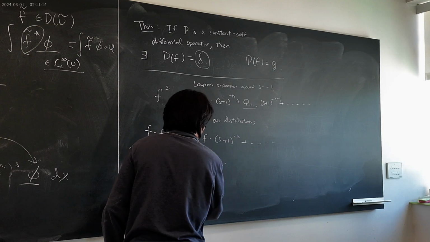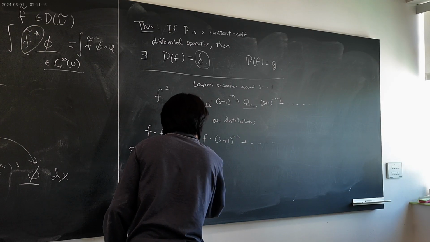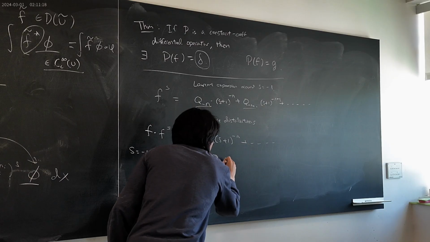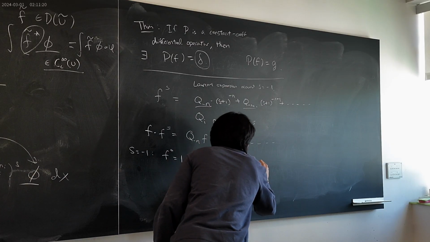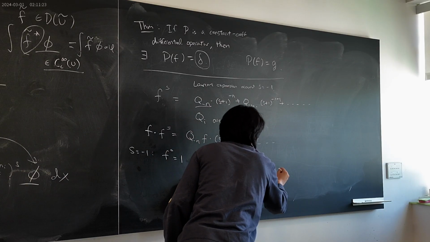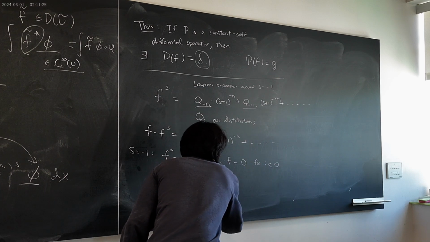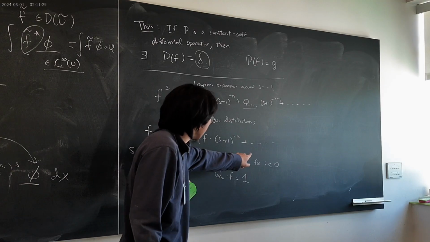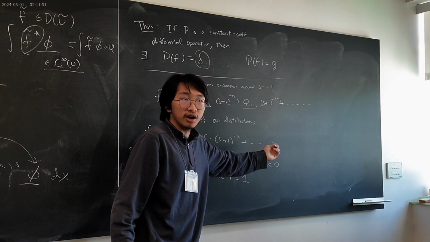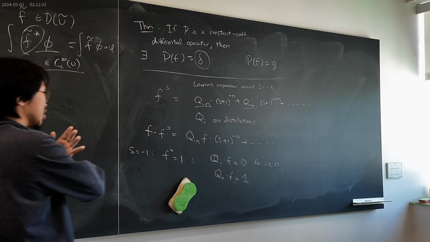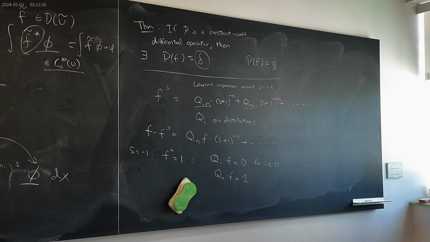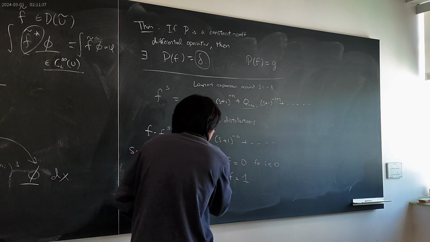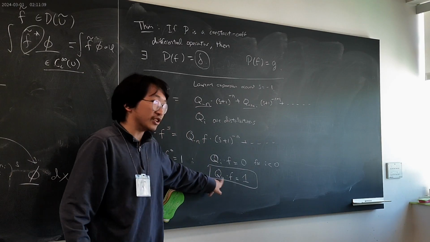So it's solely equal to this, but this will tell us that q sub I times f is equal to 0 for I less than 0, and q sub 0 times f is equal to 1. Basically, we output 1 by having this be the constant coefficient of s to the 0, and all the coefficients before then have to be 0. And what this tells us is that we have a distributional inverse to f.